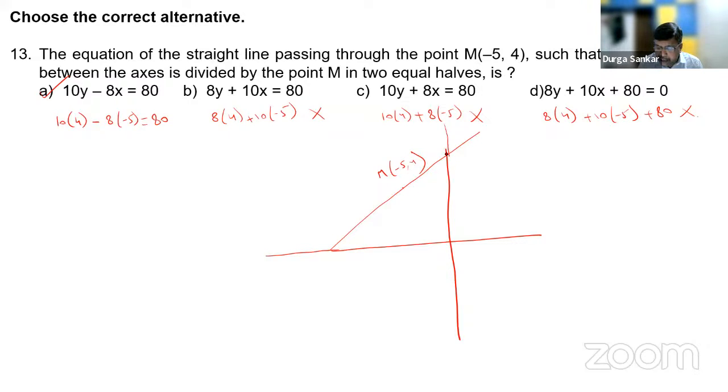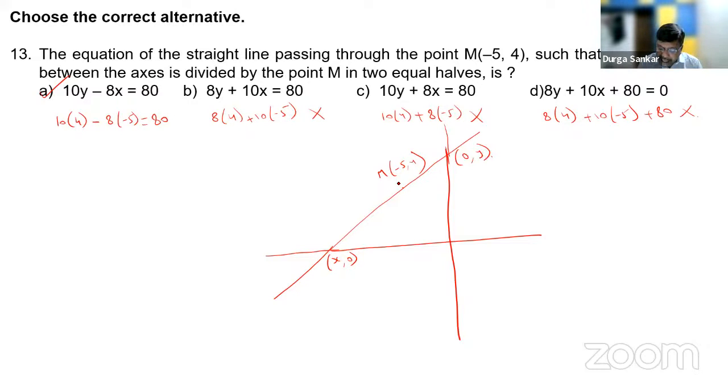And this is the line passing through M. Now, the point at which the line is intersecting the x-axis, I would say the x coordinate is x and y coordinate is 0. And the point at which it is intersecting the y-axis is 0, y.